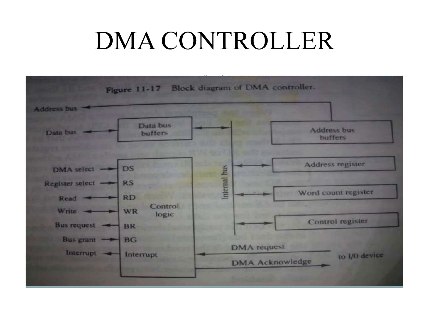Registers in DMA are selected by CPU by enabling DS and RS. RD and WR signals are used for read and write operations. When BG equals 0, the CPU can communicate with DMA register for read or write operation. When BG equals 1, DMA communicates directly with the memory.